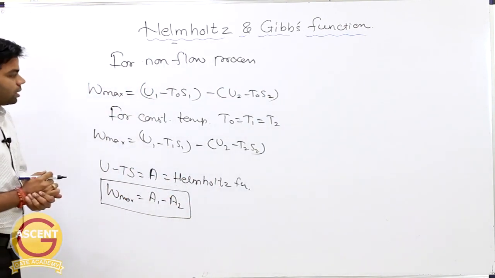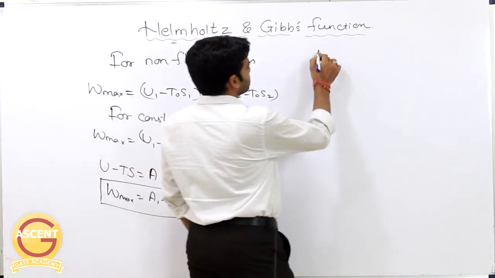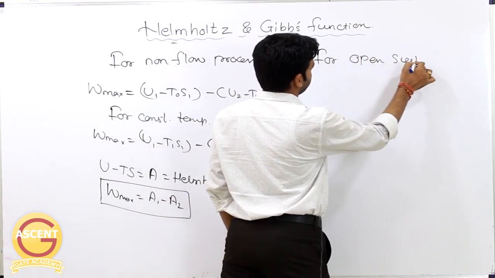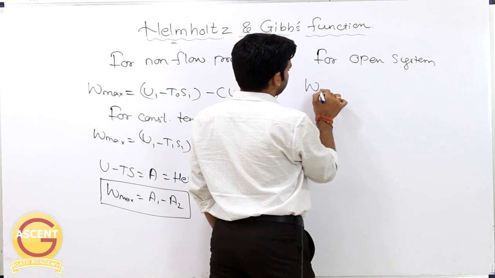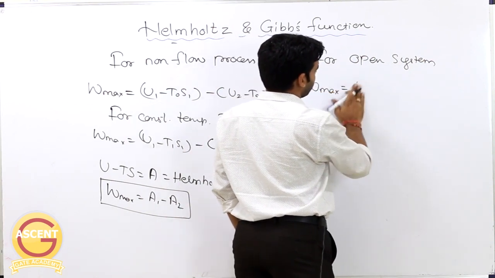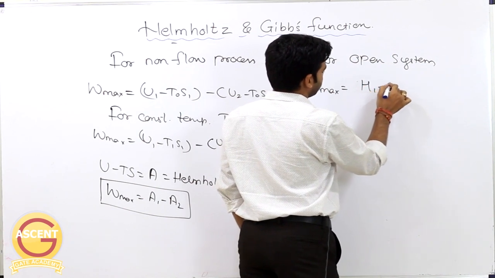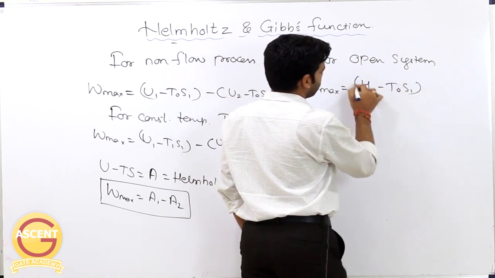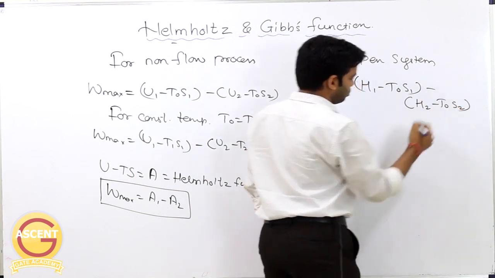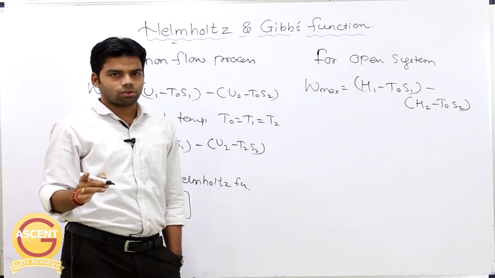Okay, first thing. Now what about open system? So for flow process or open system, as we have already seen, what is W max? So this W max for open system is nothing but H1 minus T0 S1 minus H2 minus T0 S2, if it is changing its state from 1 to 2.